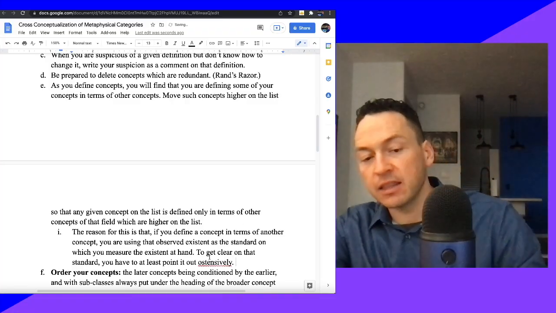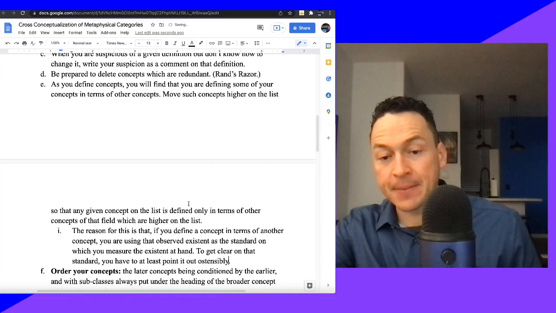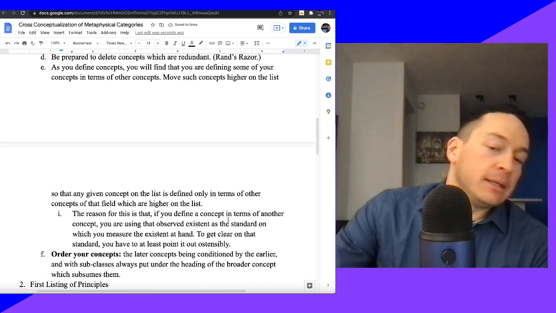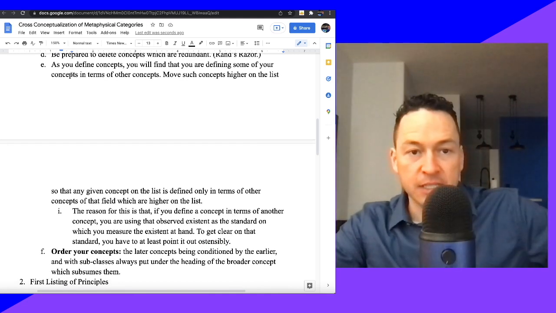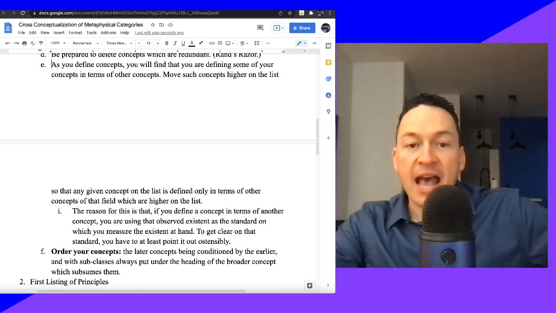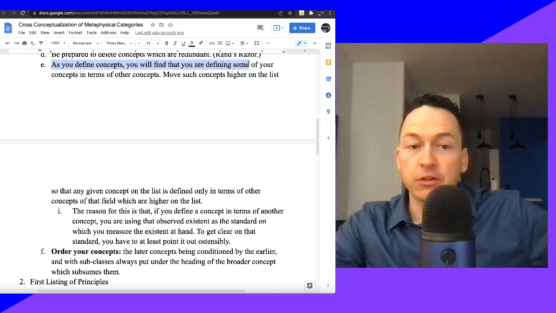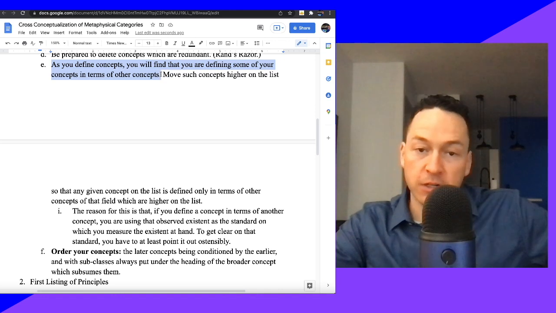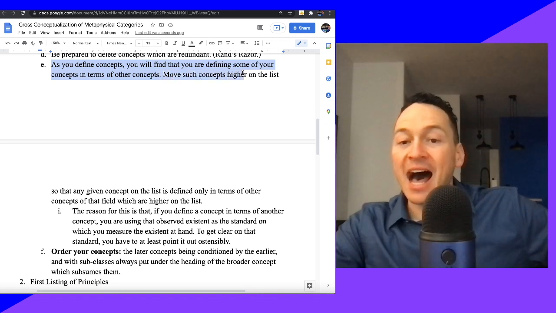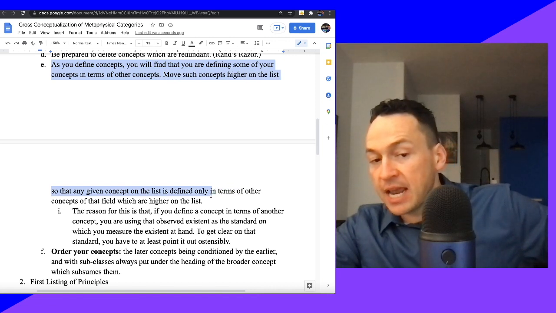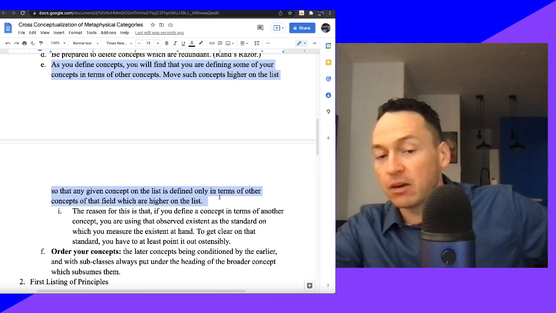As with a lot of the things I'm doing today, I'm not putting this forward as some kind of final idea, but this is a cool little thought. As you define your concepts, you will find that you're defining some of your concepts in terms of other concepts. Move such concepts higher on the list so that any given concept on the list is defined only in terms of other concepts of that field which are higher on the list.